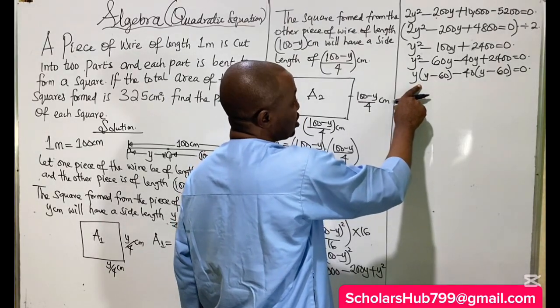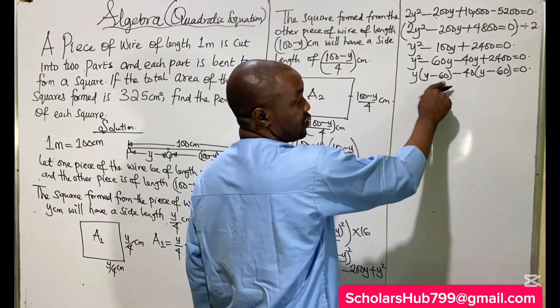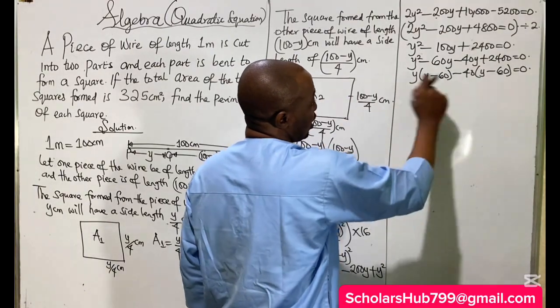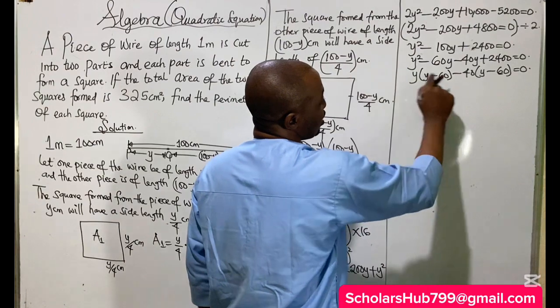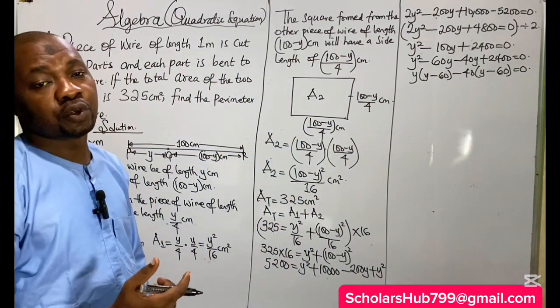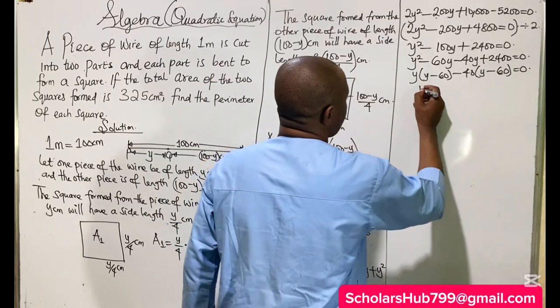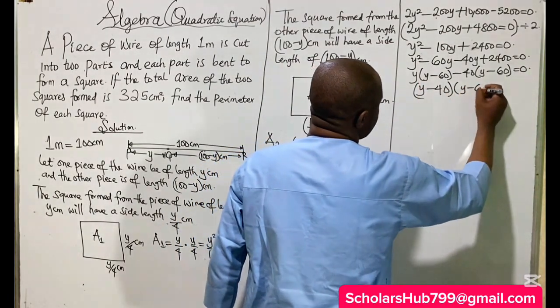To remove the parentheses, y multiplied by y is y squared, y multiplied by negative 60 is negative 60y, negative 40 multiplied by y is negative 40y, and negative 40 multiplied by negative 60 is positive 2,400. That's correct.